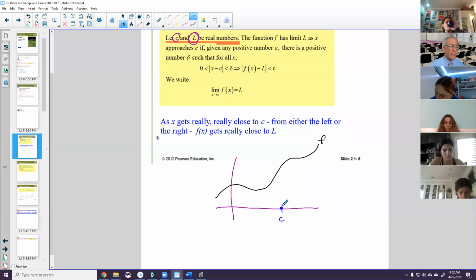If I look at c on this function here, I can see that I have the point right there on the function, and the y value of that is L. So the coordinates of this point right here are lowercase c, uppercase L. So far this should come as no surprise to anybody.